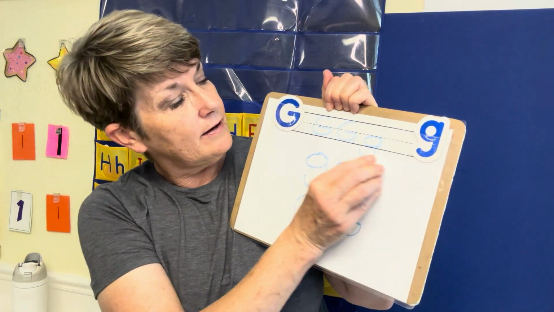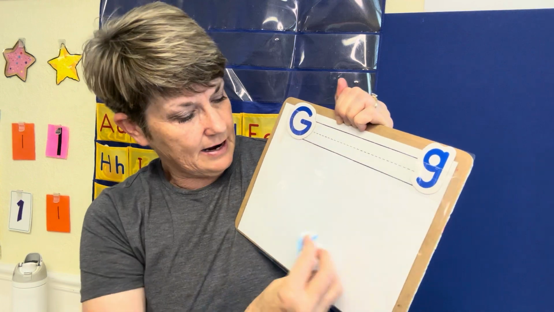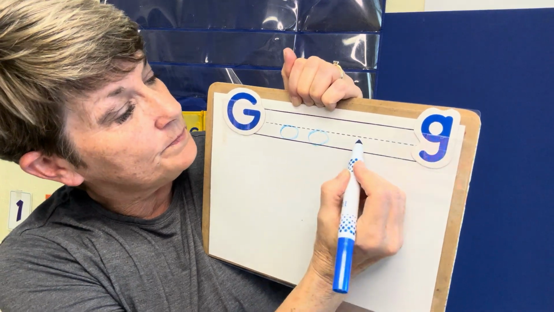I'm going to use my wet wipe, and we're going to clear this board off because I want to talk for just a minute about a whole bunch of letters that have circles.